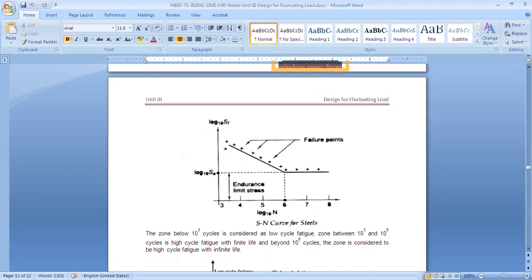So for that we will use a logarithmic scale, to bring things down. To make it simple, log to the base 10: 1,000 becomes 3, 10 raised to 3; 10,000 becomes 4; 10 raised to 5, meaning 1 lakh, becomes 5; and 10 lakhs, basically a million, becomes 6.